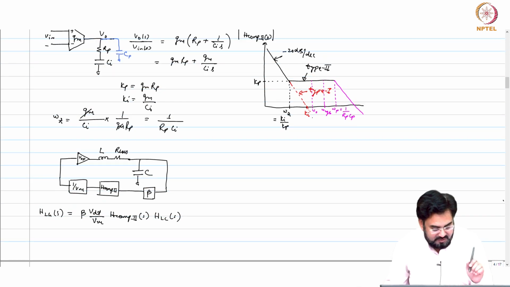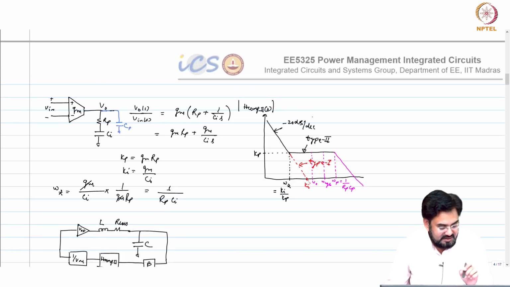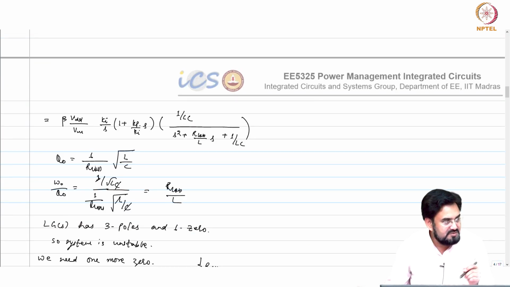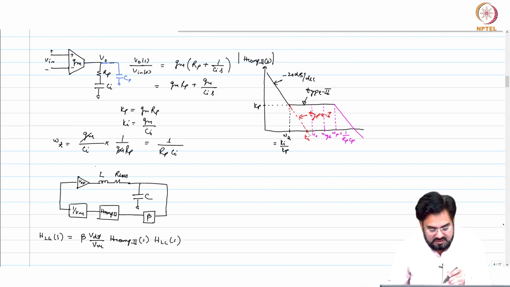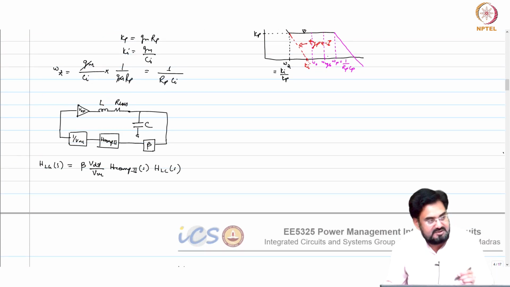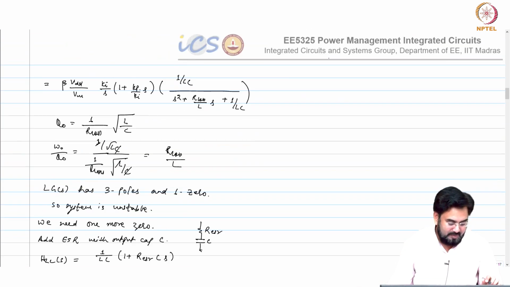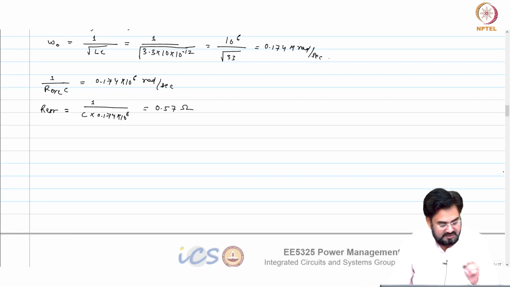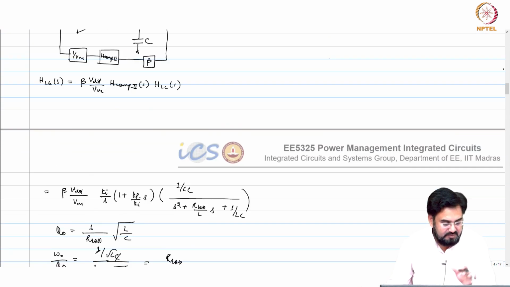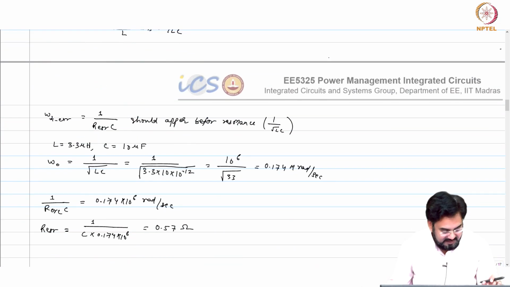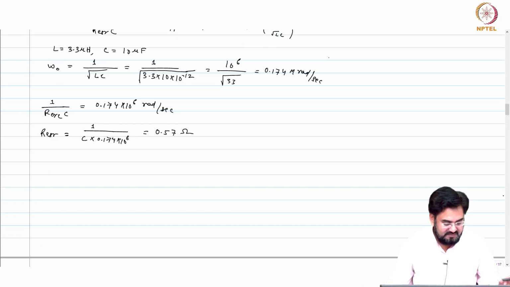So both the zeros, not just omega z which is coming from this compensator, but the second zero which we introduced by adding ESR, that should also appear at omega naught or before that. So that at omega UGB you get enough phase margin. Okay, so that capacitor will be there, we have to add that cap to suppress the ripple. If you do not do that, then you may have some noise concerns, and we will talk about that later.